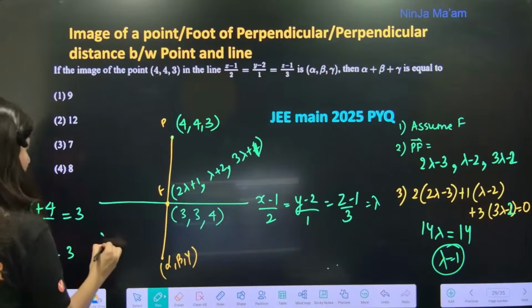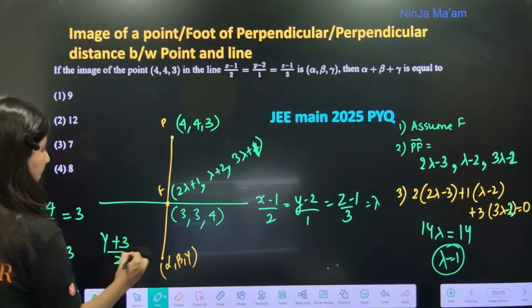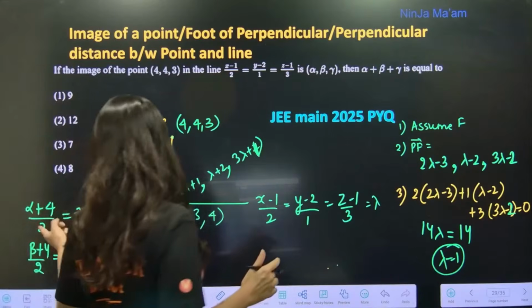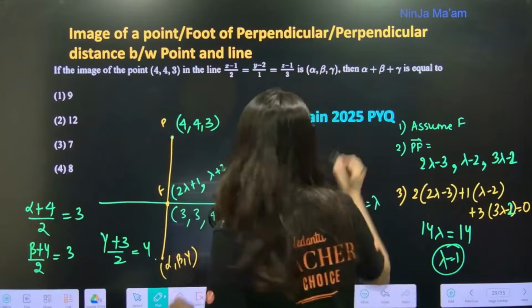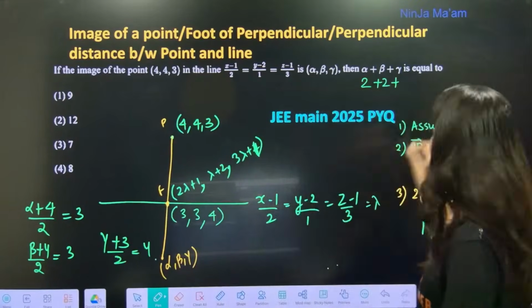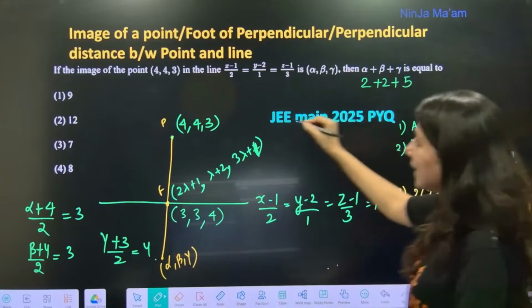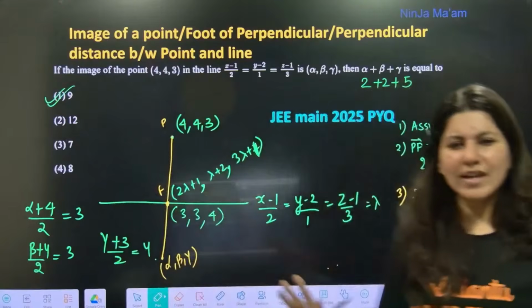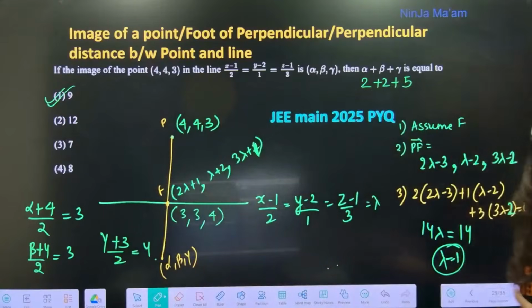And (gamma plus 3)/2 is equal to 4. So alpha and beta both, 3 twos are 6, 6 minus 4, so alpha is 2, beta is also 2, and gamma, 4 twos are 8 minus 3, 5. Option A, absolutely right. What do you think? Not a very difficult question, image of a point.